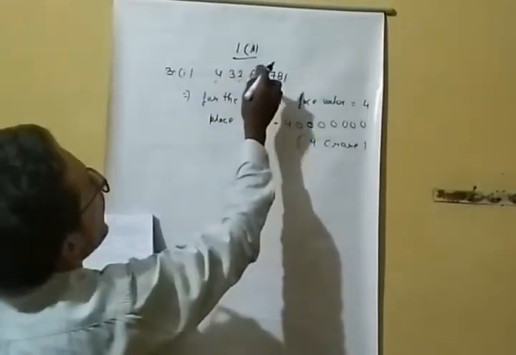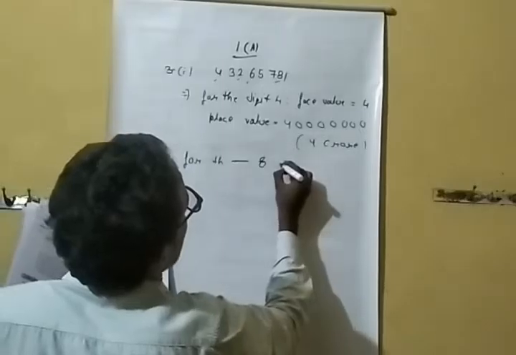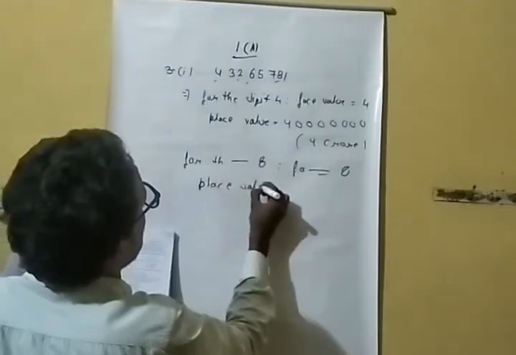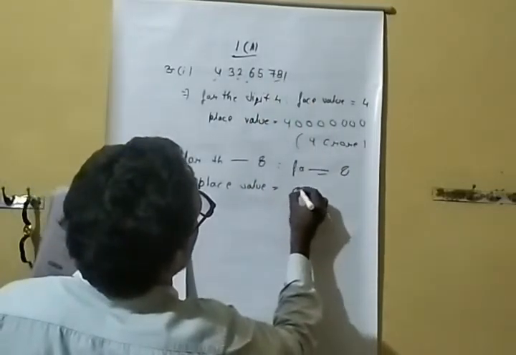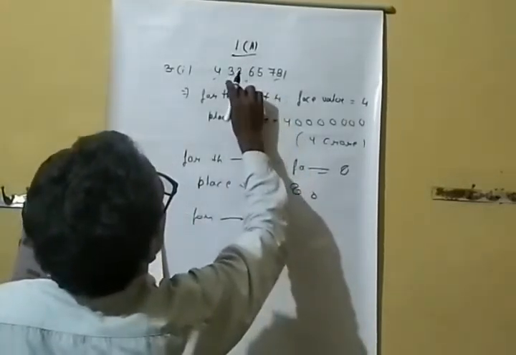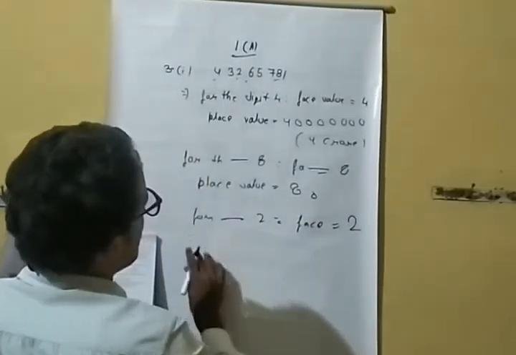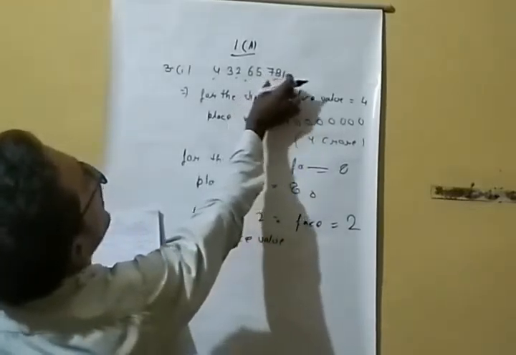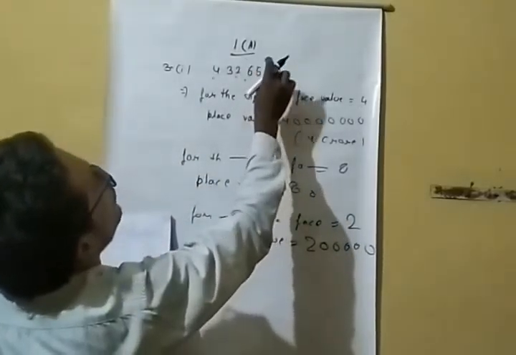Okay, now 2, 6 and 8. For the digit 8, the face value is 8 and the place value is 80. For 2, the face value is 2 itself, and the place value of 2 is 2 followed by 5 zeros: 1, 2, 3, 4, 5.